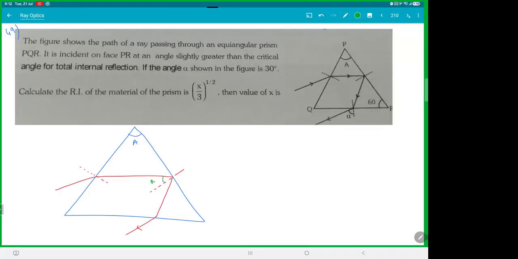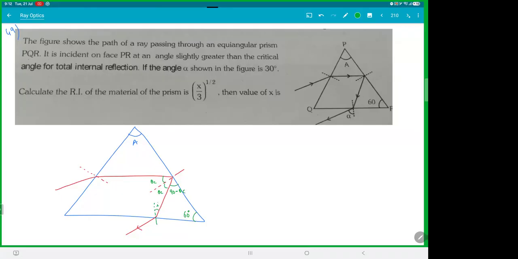So this is basically theta critical only. So theta critical plus 0.1 degrees, something like that. Right, Aditi? It's an equilateral prism, an equiangular prism. So this angle is 60 degrees. If that is 60, this will be 90 minus theta critical.